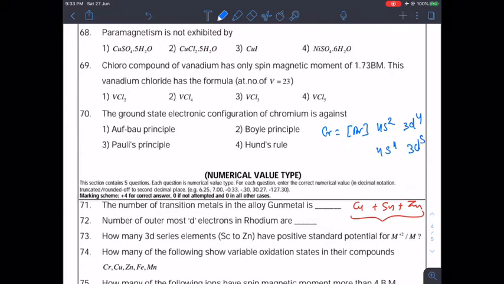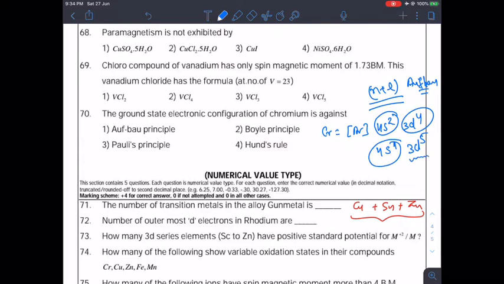So which rule is it violating? If you remember that n plus l rule, that is the Aufbau principle. If n plus l is more, energy is more. So according to this, we should first fill S completely, then we move to D. But what has happened? Without completely filling, we shifted an electron from S to D. So which rule is violated?